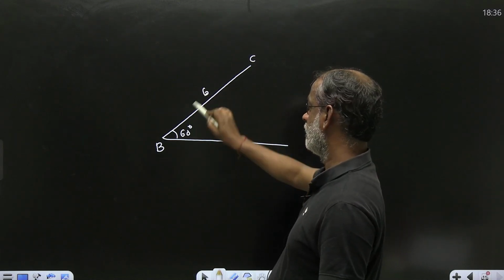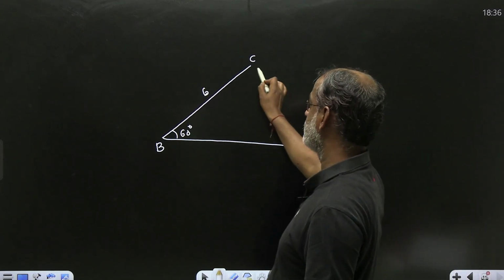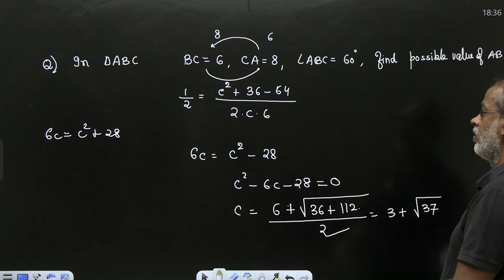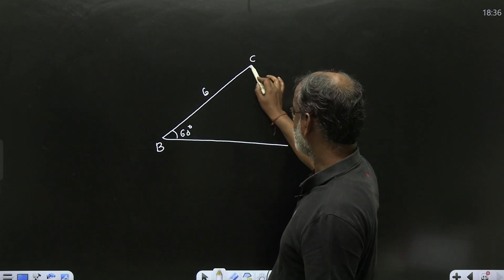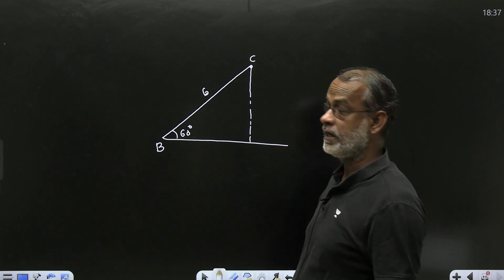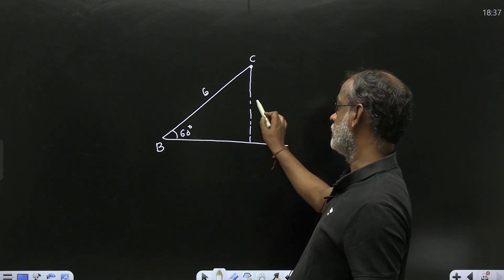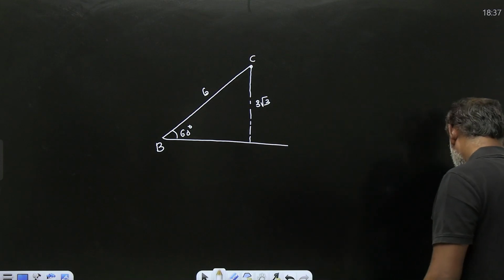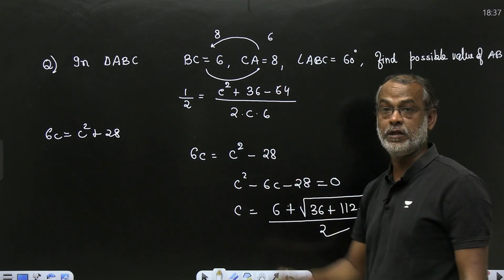okay. So what you have to understand is that from this point as center, C as center, what you are doing is you are drawing a circle of radius 8. You know the radius has to be at least 6 sine 60 degree, that is 3 root 3. The radius has to be greater than 3 root 3.